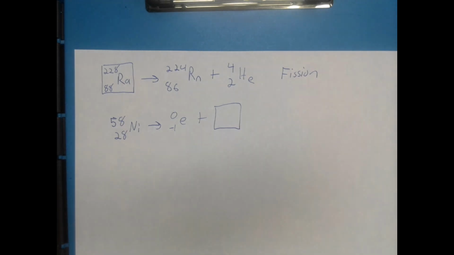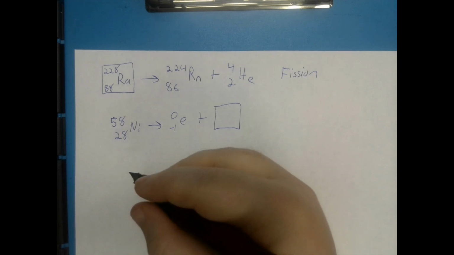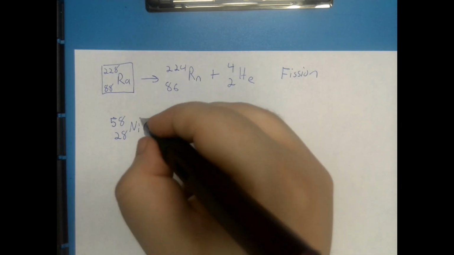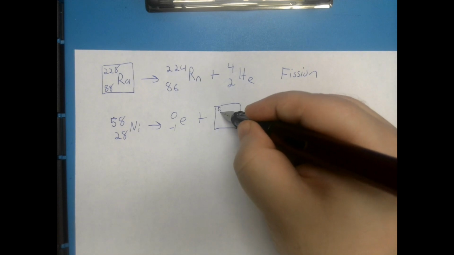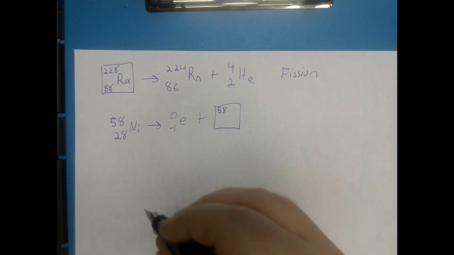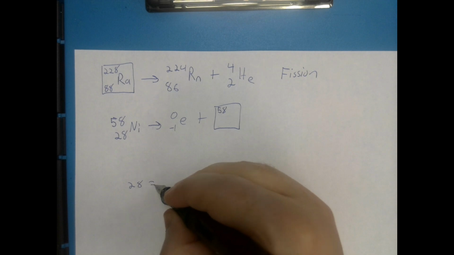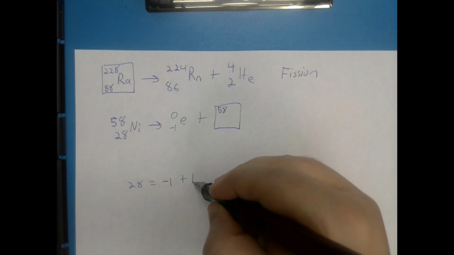So what would go into the box? So again, let's do the top one. 0 plus 58 gives you 58. 28 is equal to negative 1 plus something.